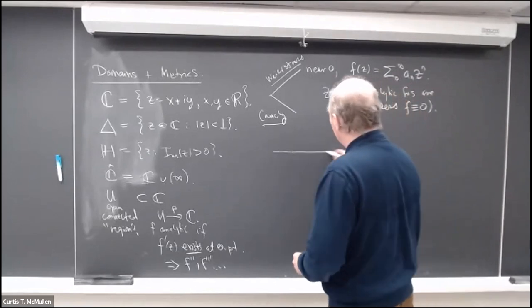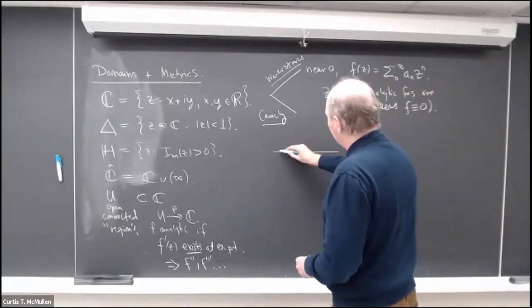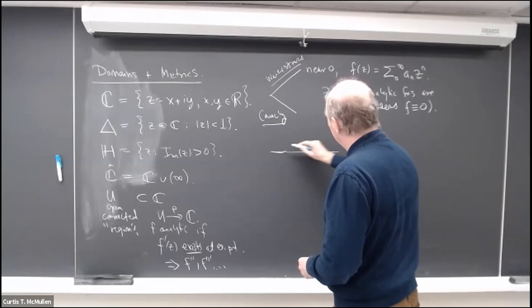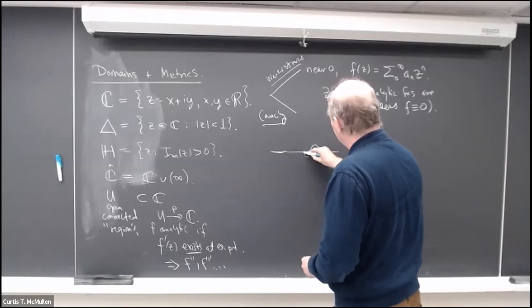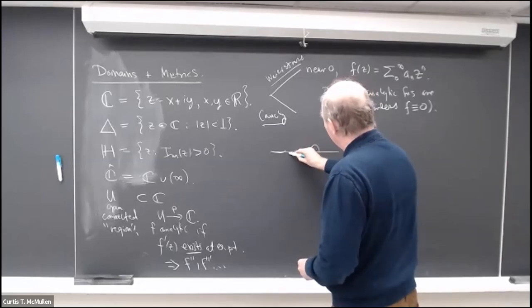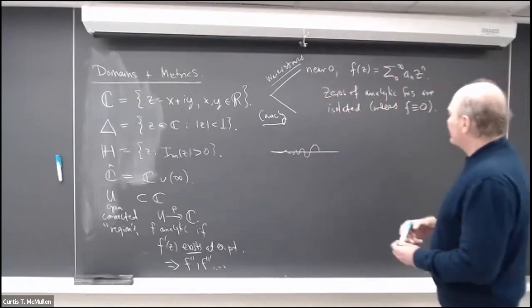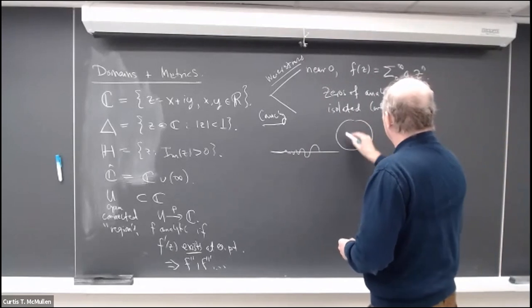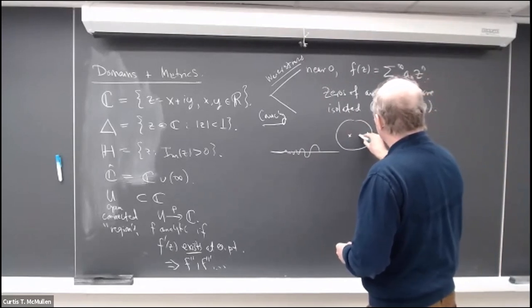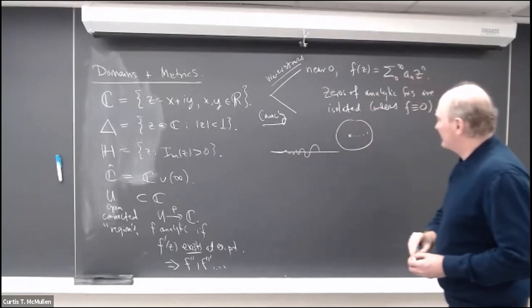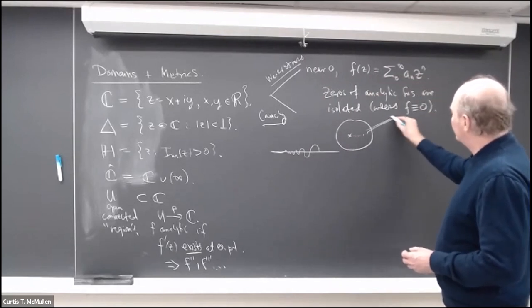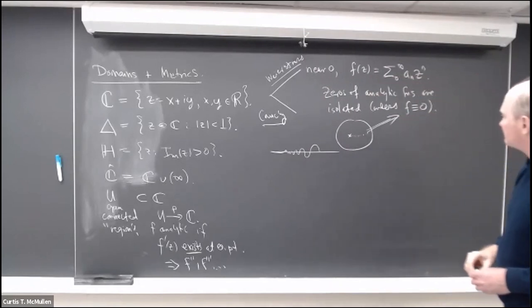So unlike smooth functions, where even a C-infinity function can have infinitely many zeros accumulating at a point, for an analytic function, as soon as you know the function has a set of zeros that accumulate at a point, it implies the function is identically equal to 0.